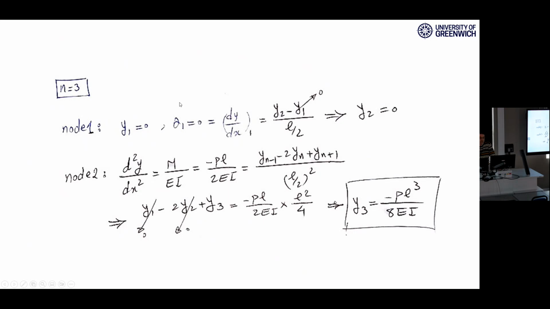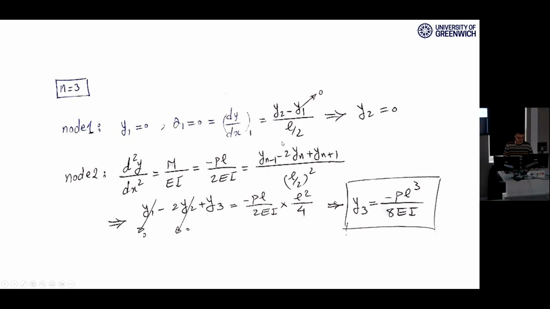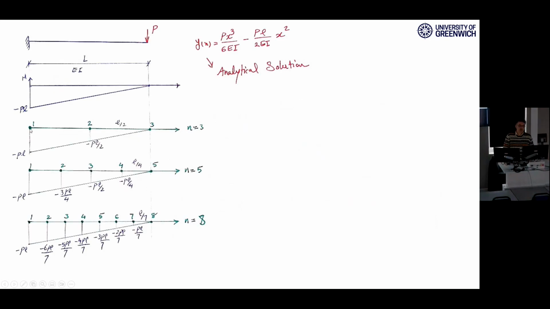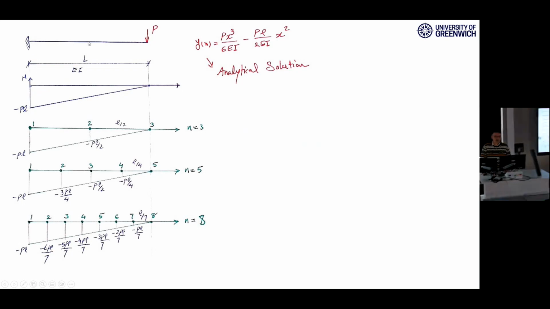But this is a solution with a very high level of approximation because it says that y1 is 0, y2 is 0, but y3 is something, which means that the deflection is 0, 0, 0 until here. Okay, it goes down like this.